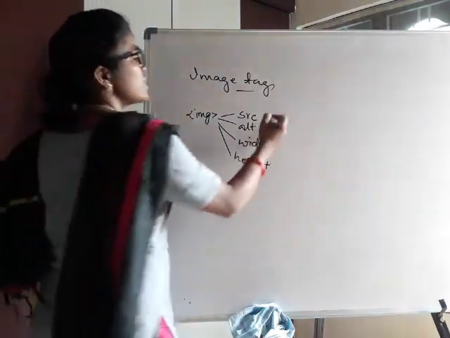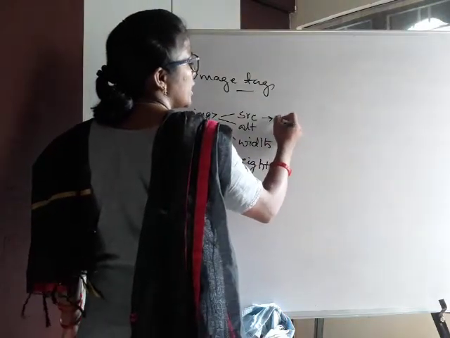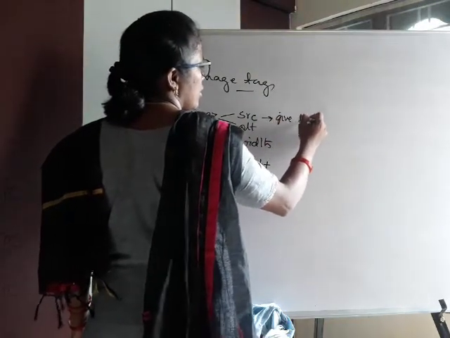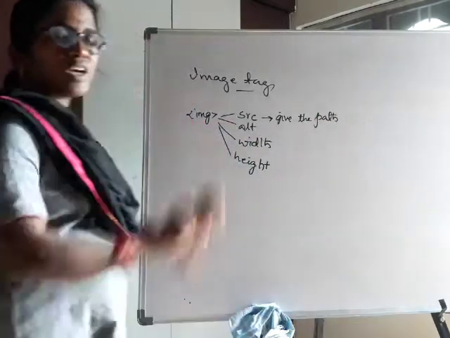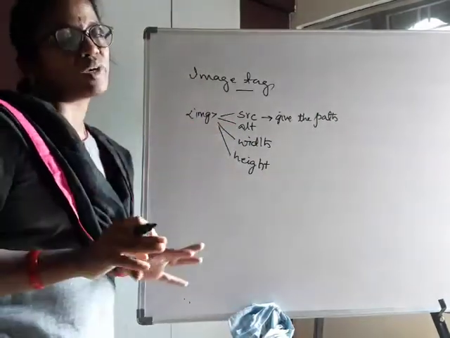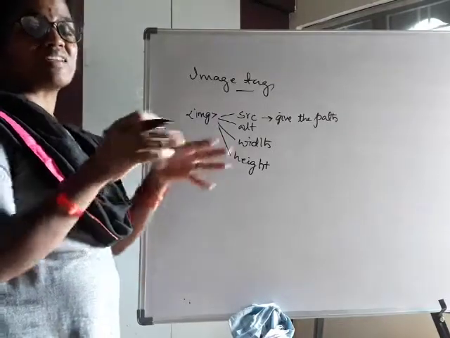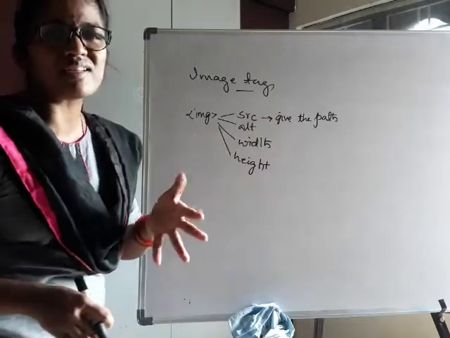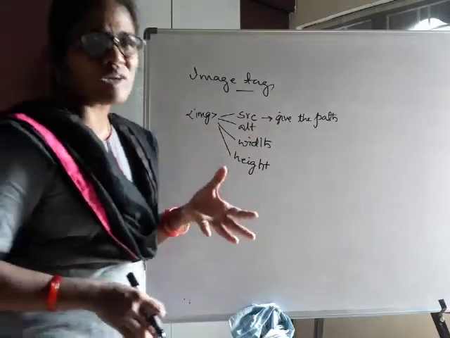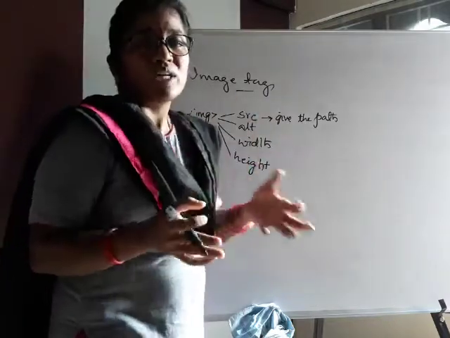src is used to give the path, the path where your images are located in your machine, so that you can access your image directly. src is nothing but source, from which source you want to take the image.